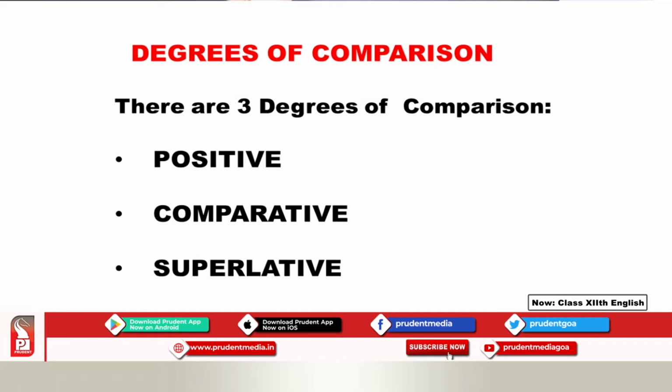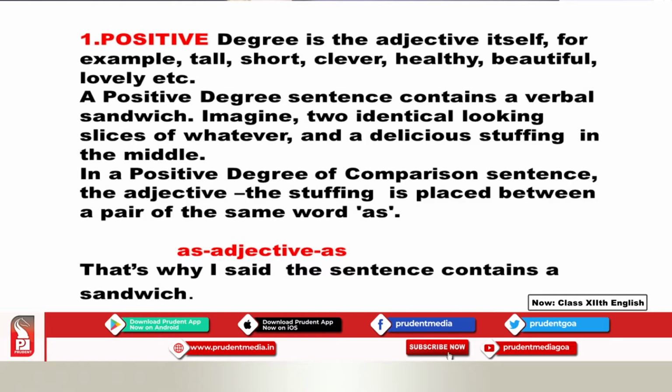There are 3 degrees of comparison: positive, comparative and superlative. Let's start with the positive degree. This degree is the adjective itself. For example, you can take any adjective: tall, short, clever, healthy, beautiful, lovely, etc. A positive degree sentence contains a verbal sandwich.